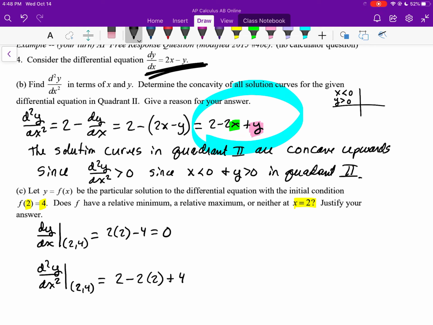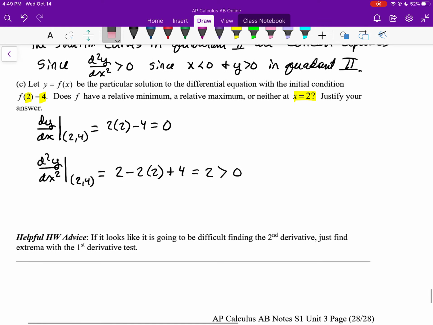This over here is going to be positive 2, which is definitely going to be greater than 0. I have a horizontal tangent. I have curved up. I must have a relative minimum. There is a relative minimum.